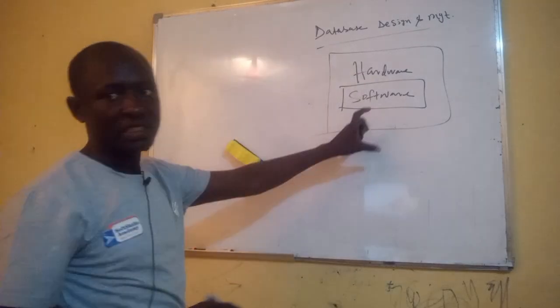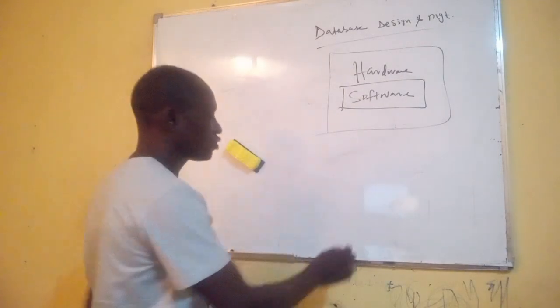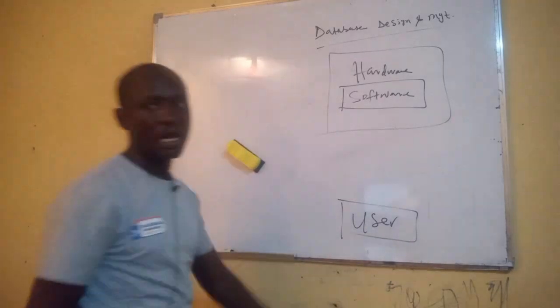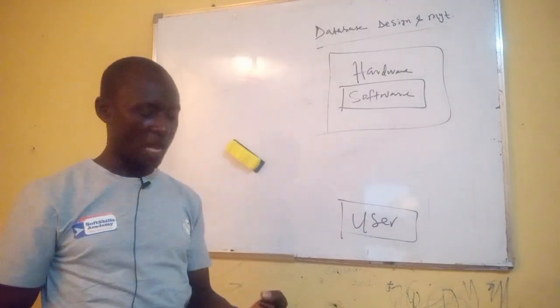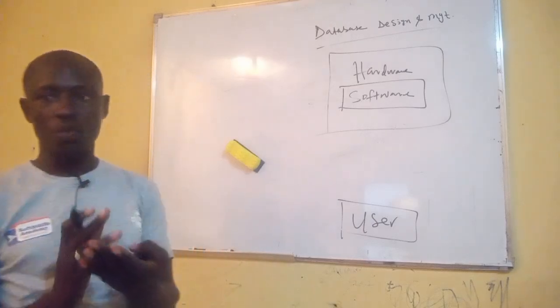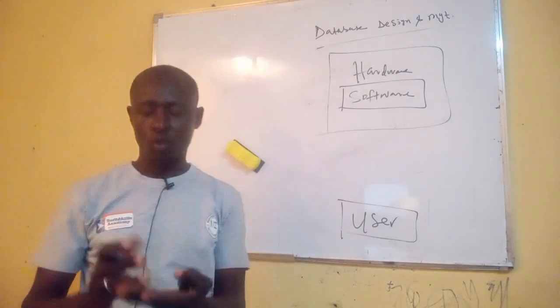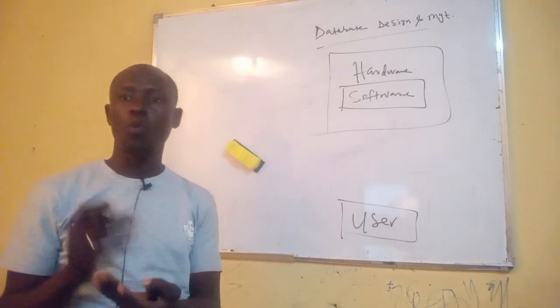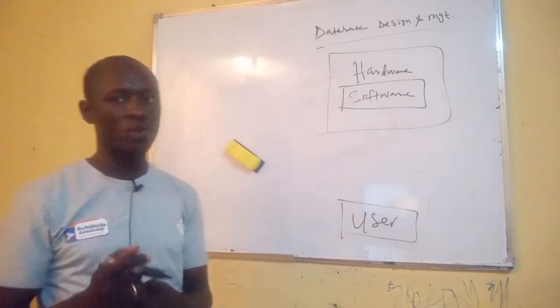So we also have what we call the user or end user. You remember we said we have procedures, how we organize data, we have the data itself, and then we have what we call the database access language.